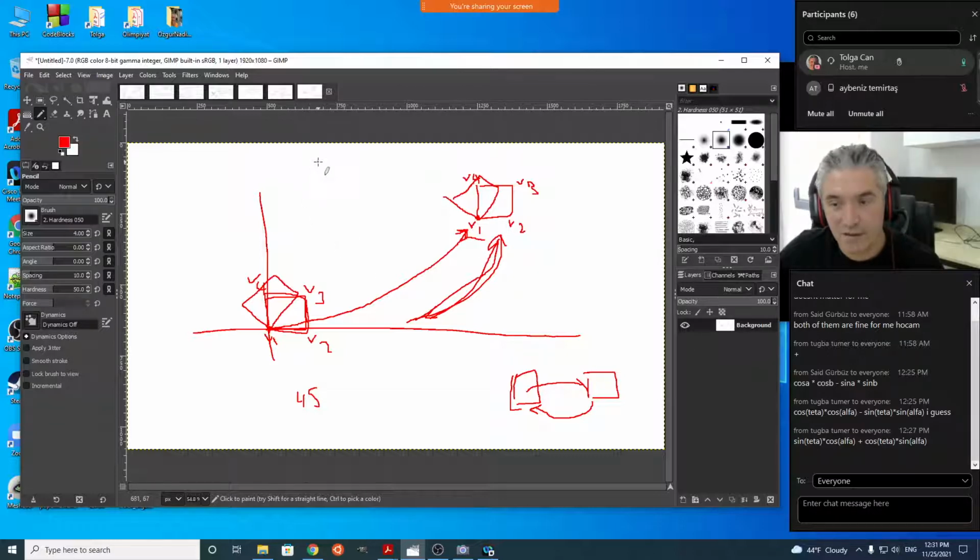And here's the solution for that. Translate the cube by minus V1. So what will TX, TY be if you want to move V1 to origin? Whatever the coordinates of V1x and V1y are, you apply the negative of those.